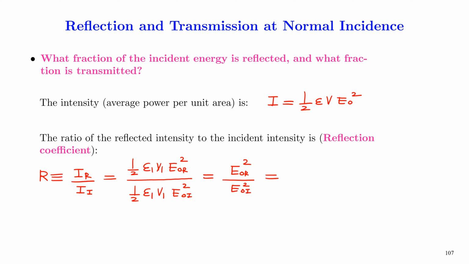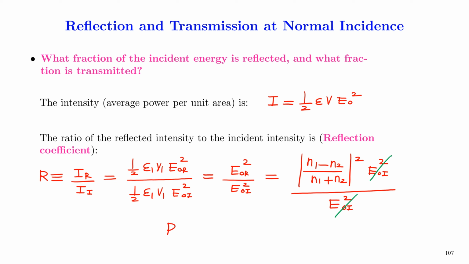And when we substitute for E0R in terms of E0I, we have N1 minus N2 over N1 plus N2, the whole square, then E0I square upon E0I square.